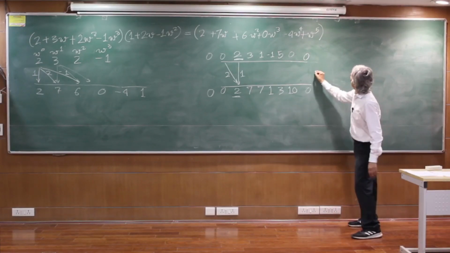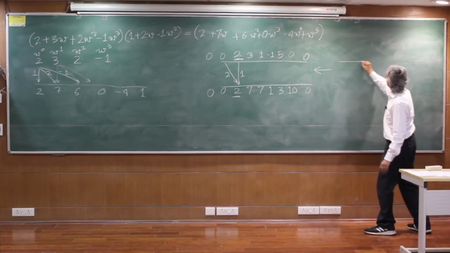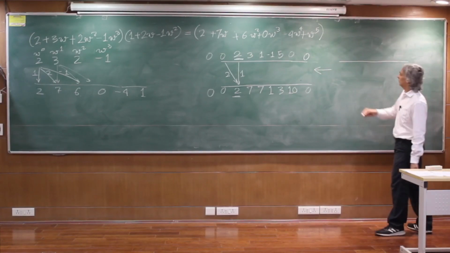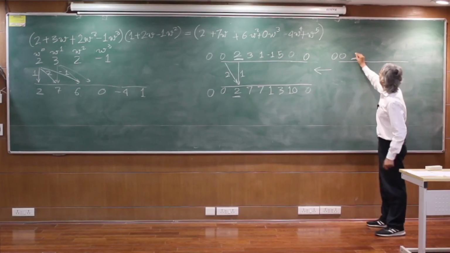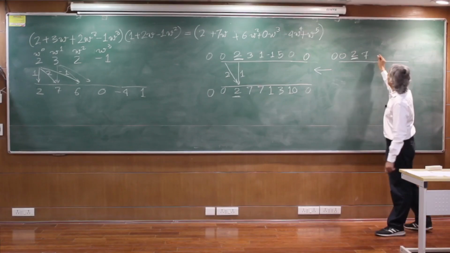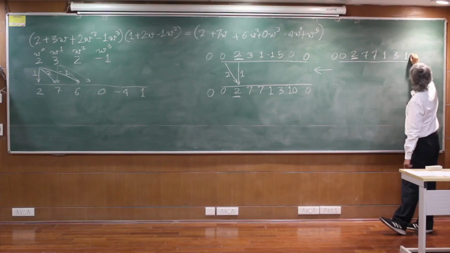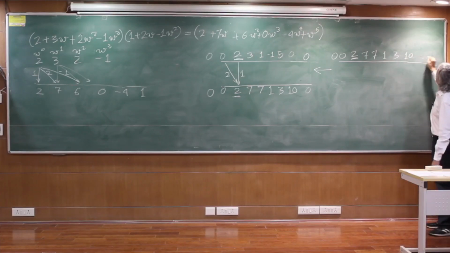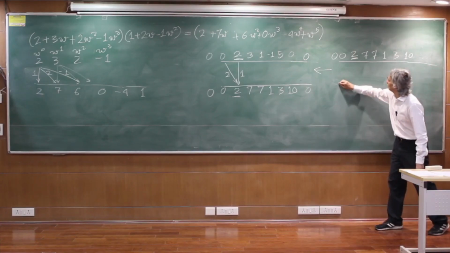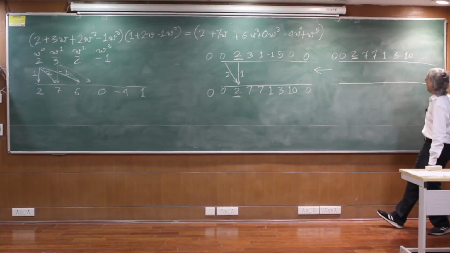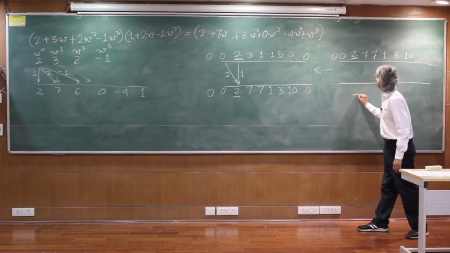Think of it as a procedure where this, 2, 7, 7, 1, 3, 10, and then zeros was the input, and then it produced some output here, right?